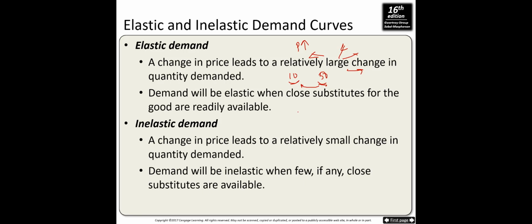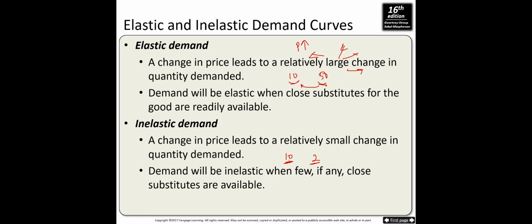Demand will be elastic when close substitutes for the good are readily available. You can find lots of examples of that. For any brand of cereal that you want to buy in the morning, if the price doubles, maybe you can choose an alternative brand. Therefore you can understand that the demand for cereals is price elastic. In inelastic demand, a change in price leads to a relatively small change in quantity demanded. Let's say price changes by 10%, but quantity demanded decreases by 2%.